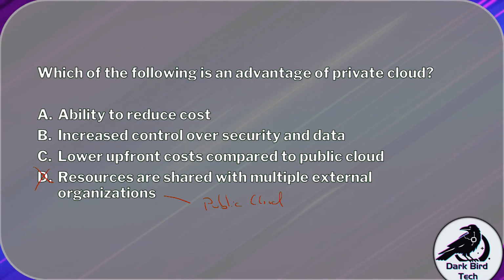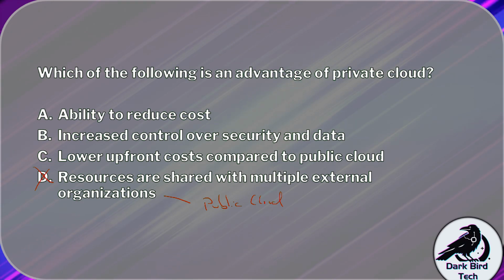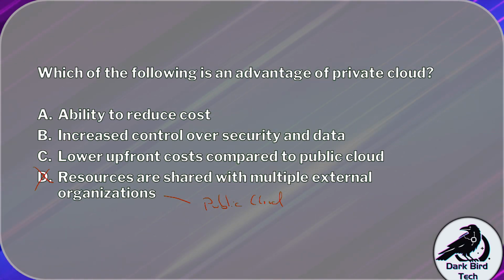Now, in terms of C, I said that sounds a bit backwards. Lower upfront costs compared to public cloud. There is an argument to be made for that. If you've already got an extensive data center, converting that into a private cloud can actually be quite cheap. But at the same time, public cloud isn't expensive to start with. Most public cloud service providers operate on a pay-as-you-use or a utility model, where whatever you're running in the cloud is what you're paying for, computationally speaking.